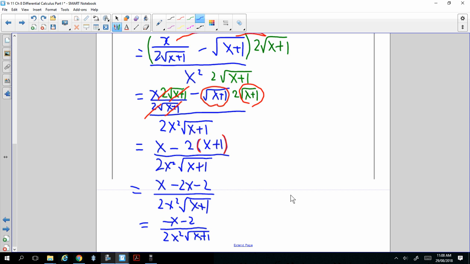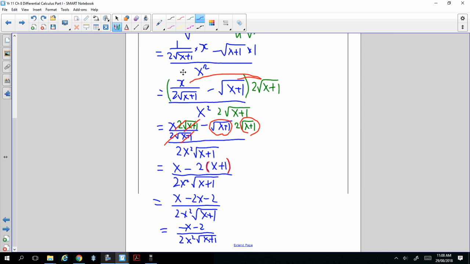Product rule. Alright, have a think, have a look at it, see how I do things. So I use the quotient rule first. That's the easy part. And the next part is get rid of the denominator.